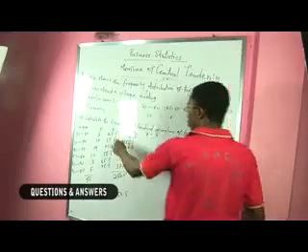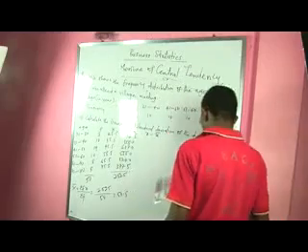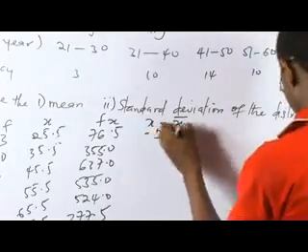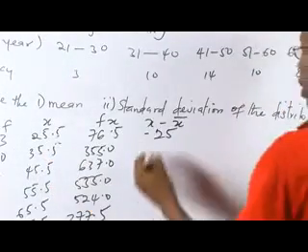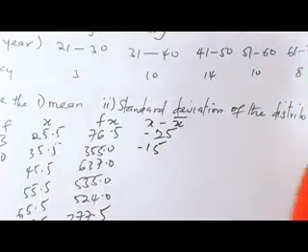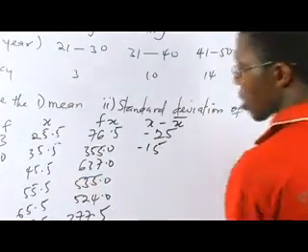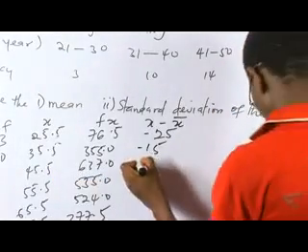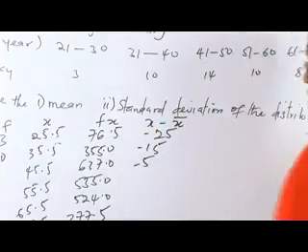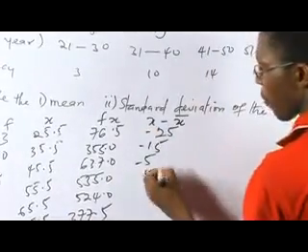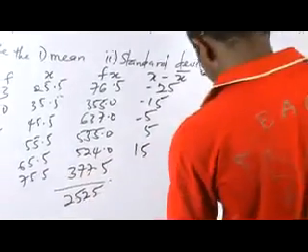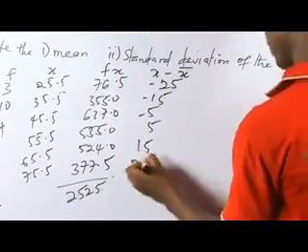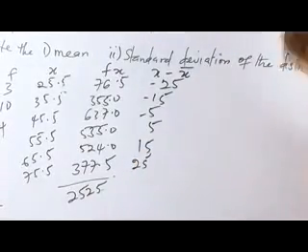This is our x, our variable. So we say 25.5 minus 50.5, so we're going to get minus 25 here. If you say 35.5 minus 50.5, we're going to get minus 15 as well. If you say 45.5 minus this, we're going to get minus 5. Then if you minus this and this, we're going to get 5. If you minus this and this, we get 15. And if you minus this and this, we're going to get 25. So I have done that.